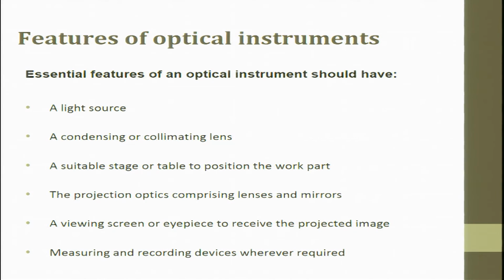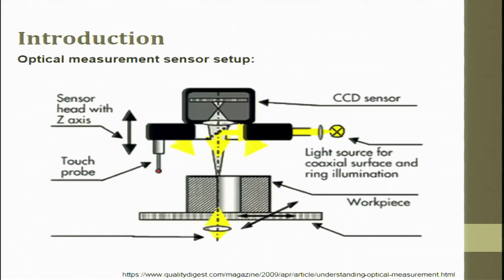Essential features of an optical instrument should have a light source, a condensing lens, a suitable stage or a table to position the work part, then projection optics comprising lenses and mirrors, then screen for viewing, and then measuring and recording devices. These are some of the essential parts of an optical microscope. You can see here an optical microscope. So, in an optical microscope, this is a light source.